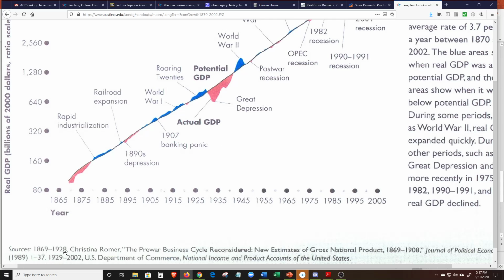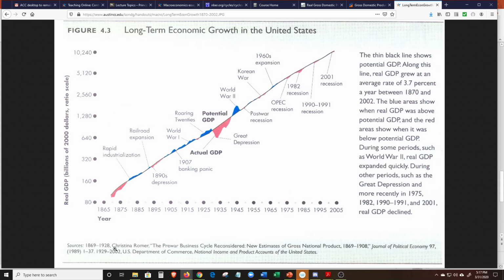What's interesting is Christina Romer, let's shrink this down, if I could only highlight her name here. As part of her study of this period, she realized that they were just estimating GDP in this period of time, and even really right up to World War II.